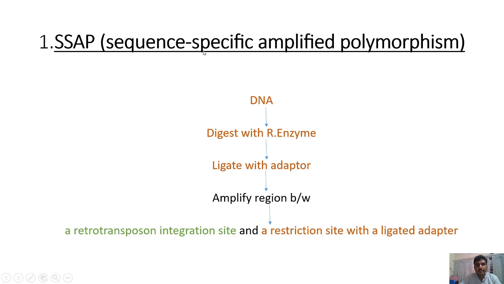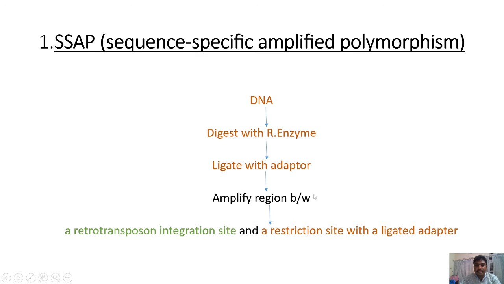SSAP is sequence-specific amplified polymorphism. Here, you have to get the DNA and digest it with a restriction enzyme, so you will get many fragments of the genome. Then you have to add adapters and ligate these adapters on both ends of the DNA fragments with the ligase enzyme, and then carry out the PCR.